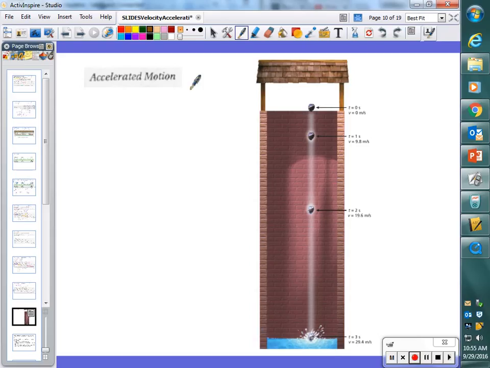Okay, so you just read it off of your sheet. Okay, so if we look from here to here, how much does the velocity change? It goes from 0 to 9.8. It changes by 9.8. How long does that take? 1 second.